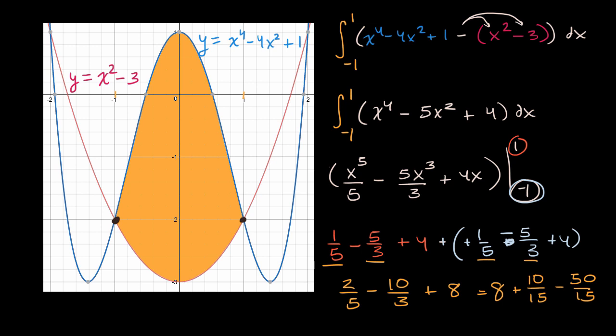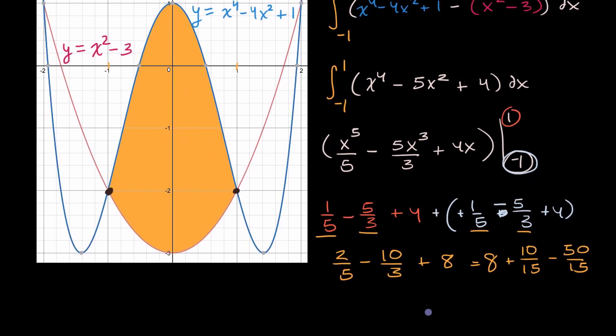All right, so this is going to be equal to 8, 10 minus 50, so this is minus 40/15. And this is the same thing, 40/15, divide them both by 5, that is 8/3.